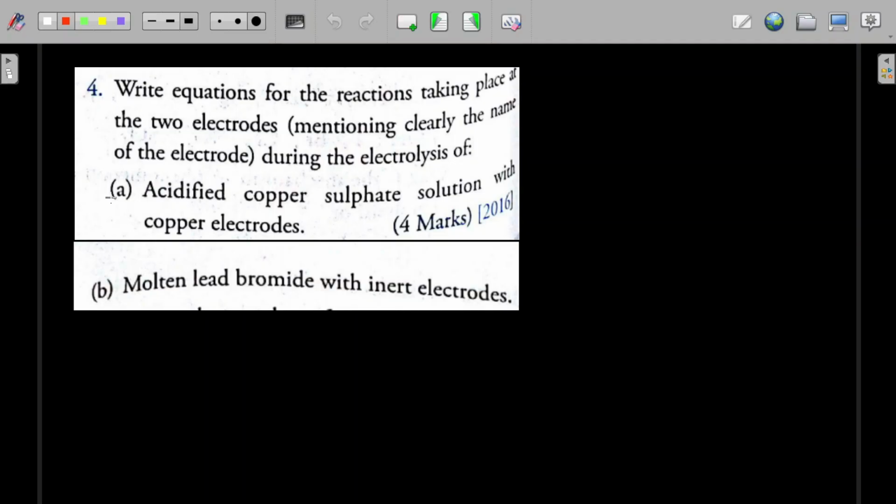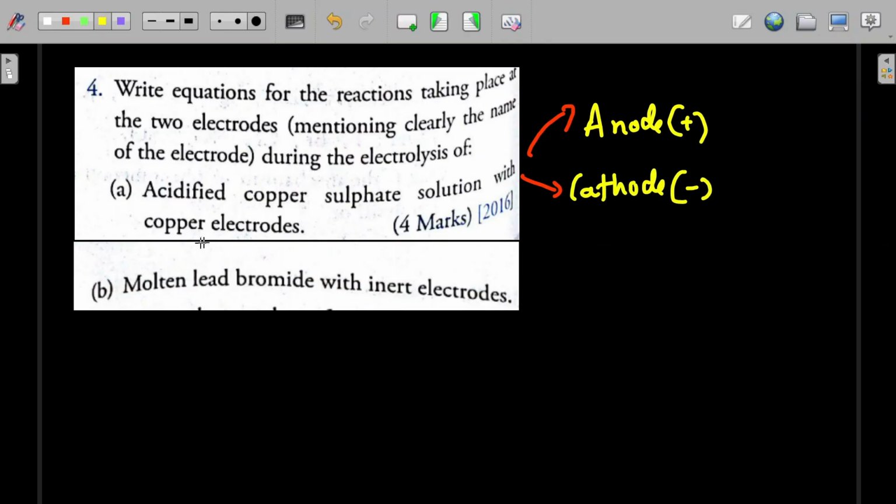Isha, can you read? Write the equation for the reaction taking place with the two electrodes. So the two electrodes are which ones? Anode and cathode. Right. Anode is positive, cathode is negative, right?